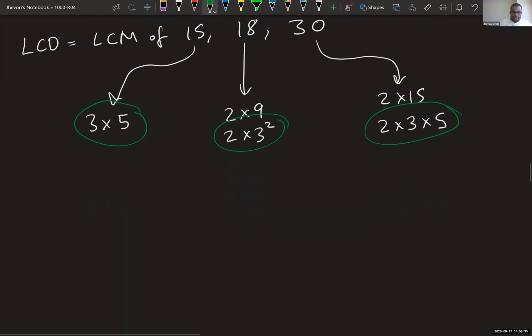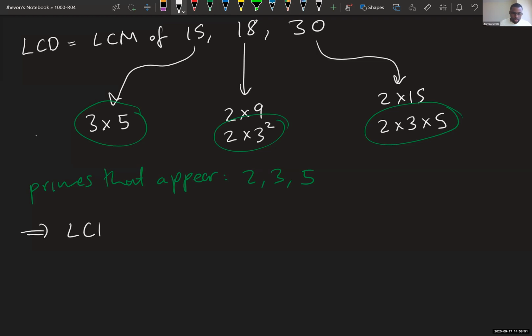What you realize here is that the primes that appear, well, 2 is a prime number, 3 is a prime number, 5 is a prime number. And so your LCD is going to be 2 times 3 times 5, but you're going to raise it to certain powers.